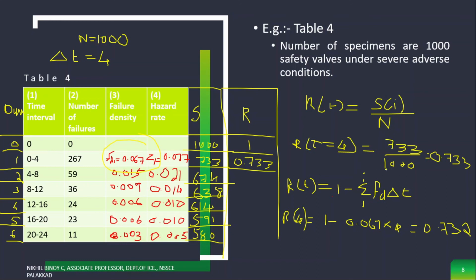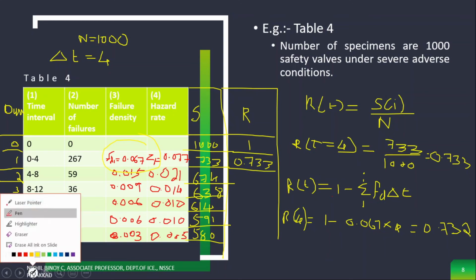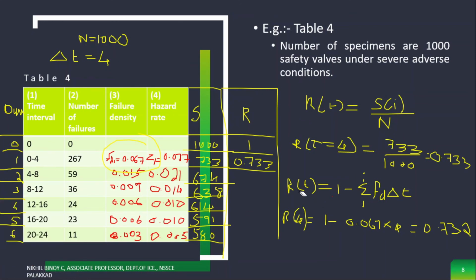Okay. So please note, if we have survival, there is no need to use this equation. I use this equation to verify, to show that both methods are correct. That is R of t equal to S of I divided by n, and R of t equal to 1 minus sigma 1 to I FD, both are same.